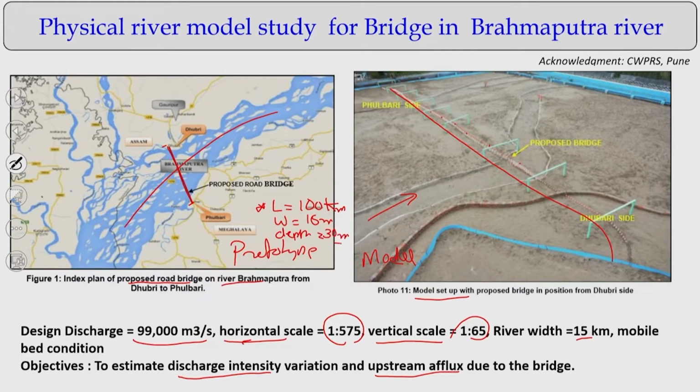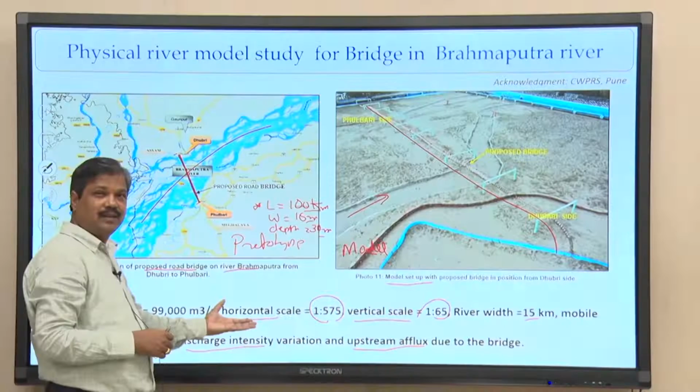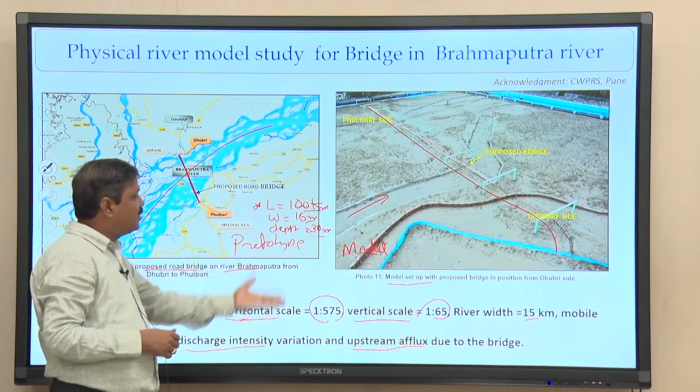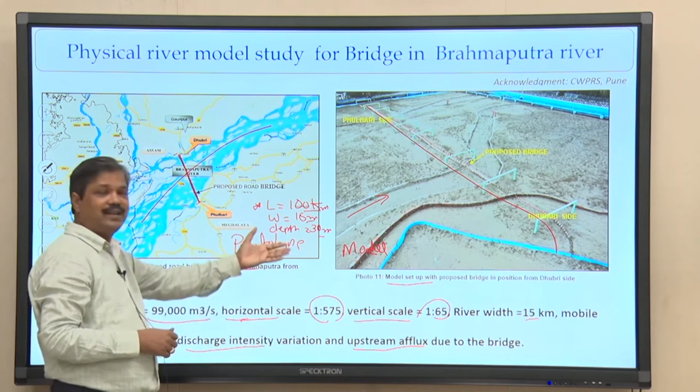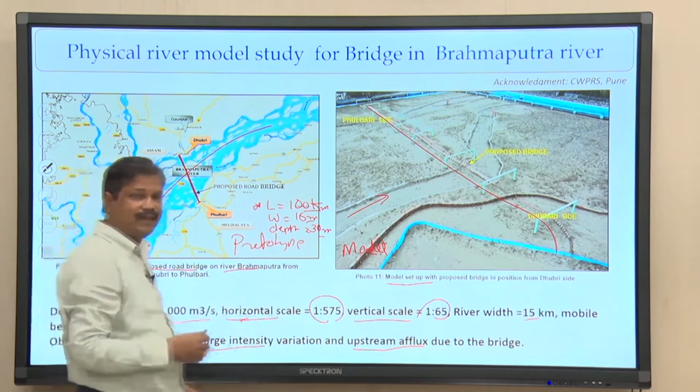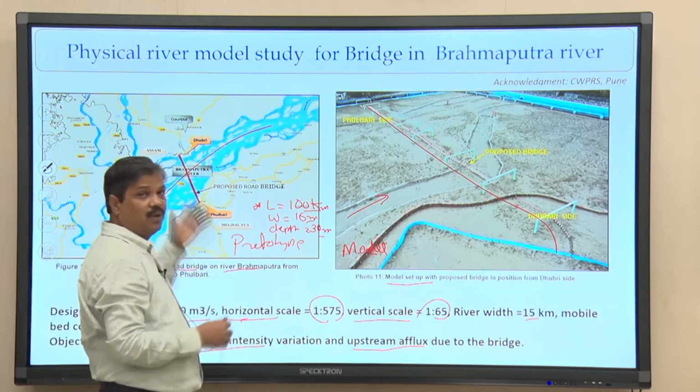That means the plan dimensions are of the order of kilometers: one is 100 kilometers, another is 15 kilometers, but the depth is 30 meters. At such a scale, we cannot use a geometrically similar, exact model, because we cannot use the same scale in the vertical and horizontal directions because of the river dimensions.